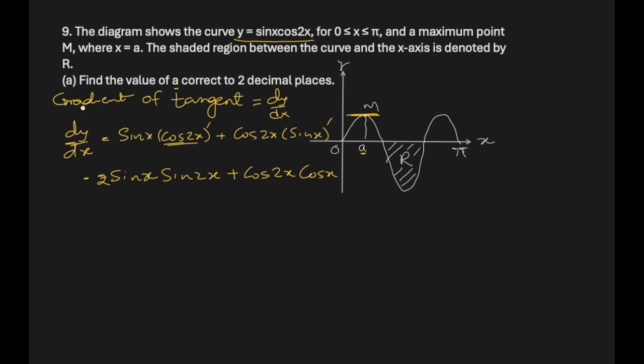Because we want to find the gradient, right? And the horizontal gradient is 0. That means this is equal to 0. So this becomes an equation and nothing is common. That means, like one of the previous questions, we will have to convert it to just cos. So sin x remains sin x.